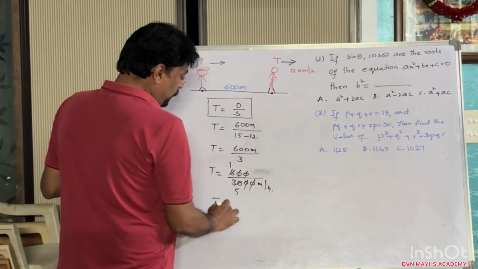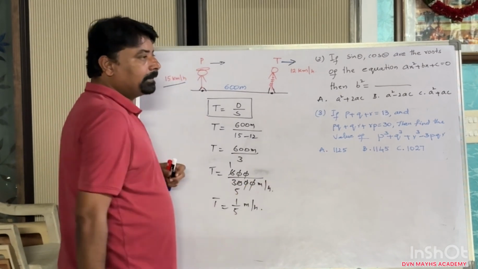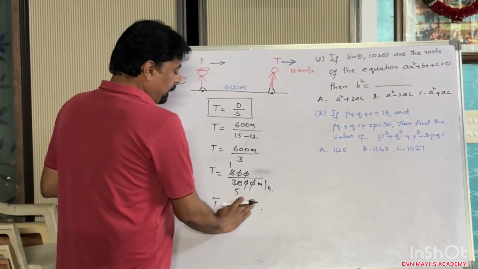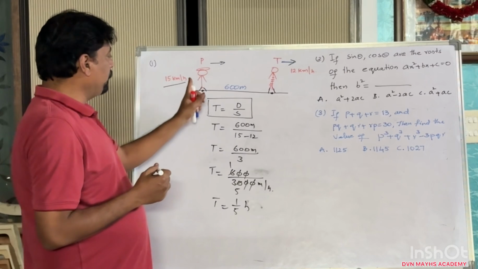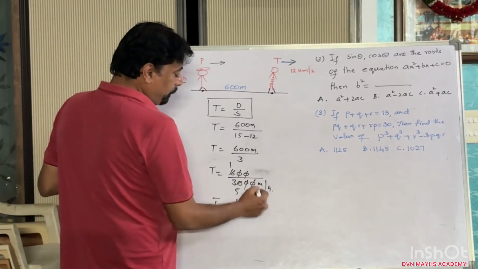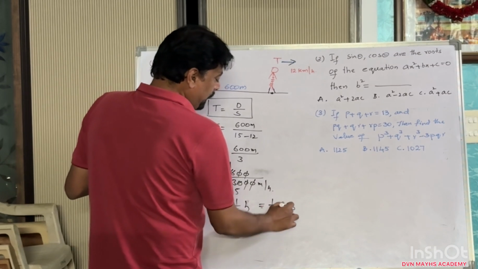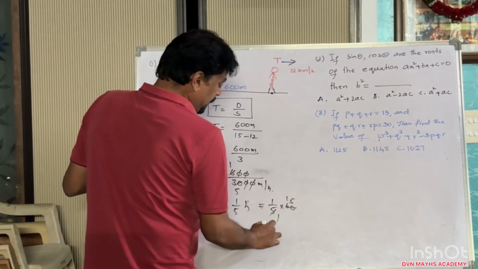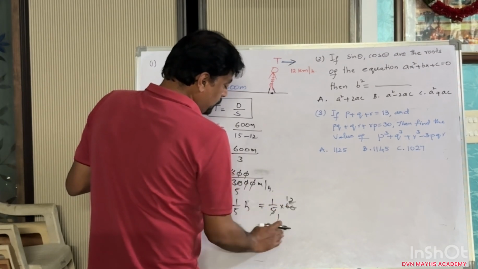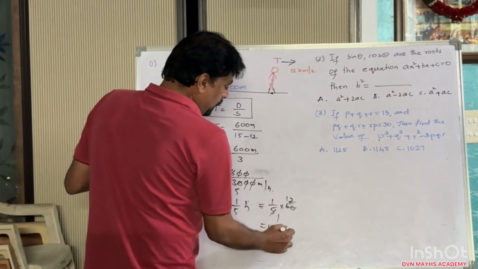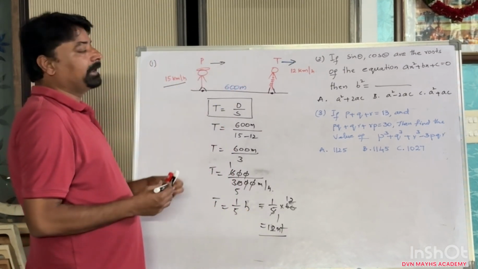So time is equal to 1 by 5 hours. If you convert it to minutes, this will be 1 by 5 into 60. 5 twos are 10, so 5 times 12. So he will take 12 minutes to catch this thief.